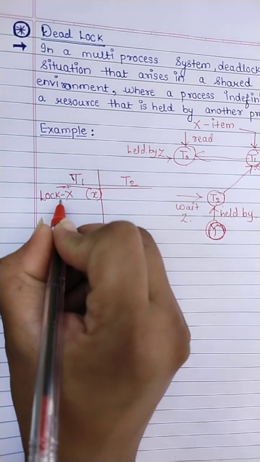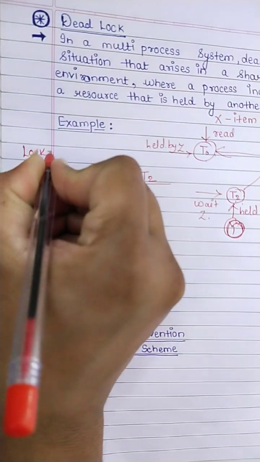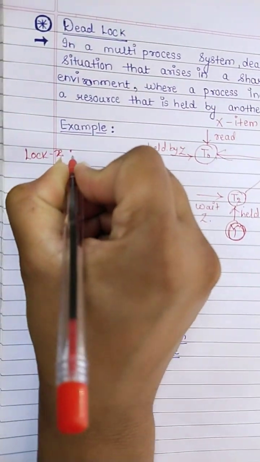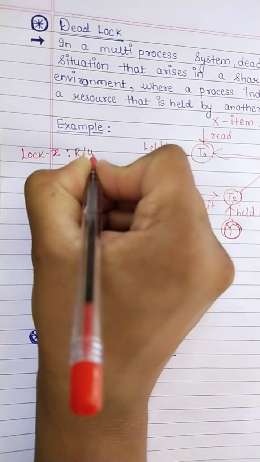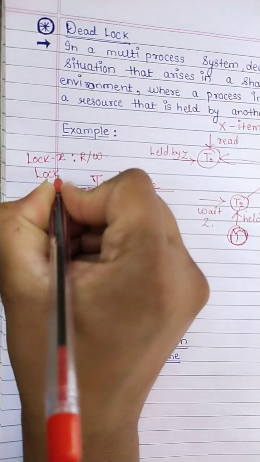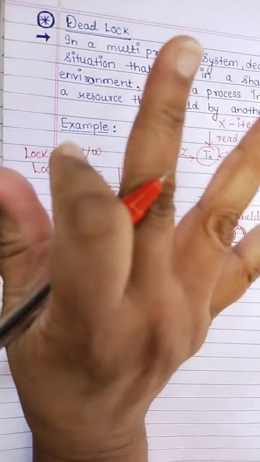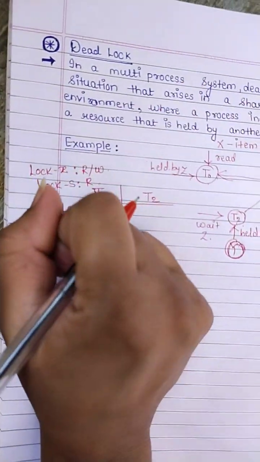It's an exclusive lock. We have seen in the last lecture that lock-X is an exclusive lock which can read and write a data item, whereas a shared lock only reads the data item.